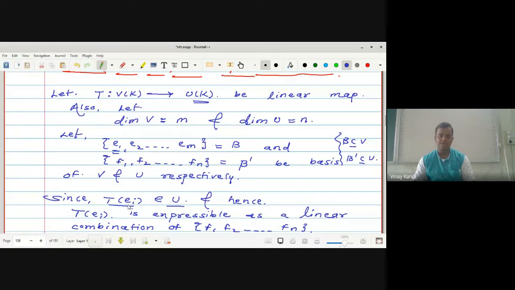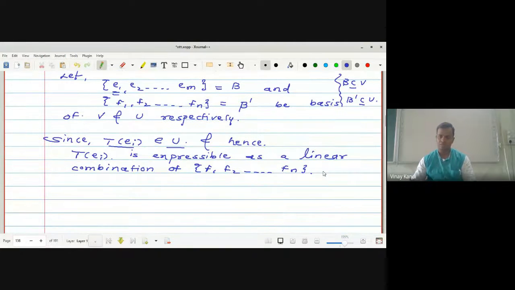This element is contained in the vector space U over K. But what is the basis of U? f1, f2, up to fn. So each and every element belonging to U we can express as a linear combination of f1, f2, up to fn.